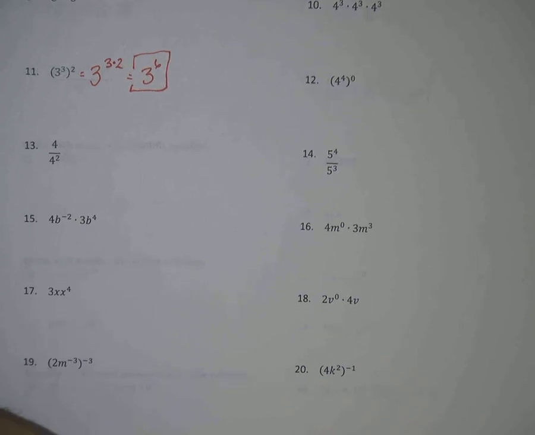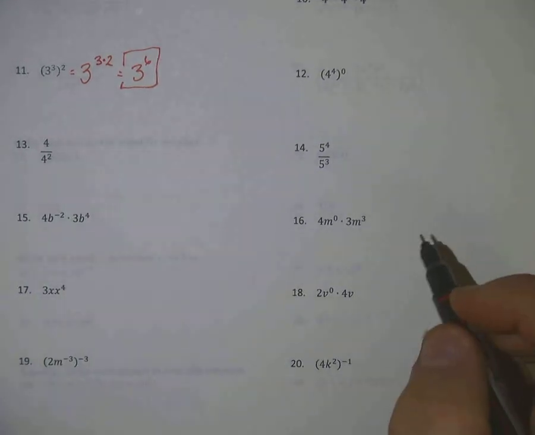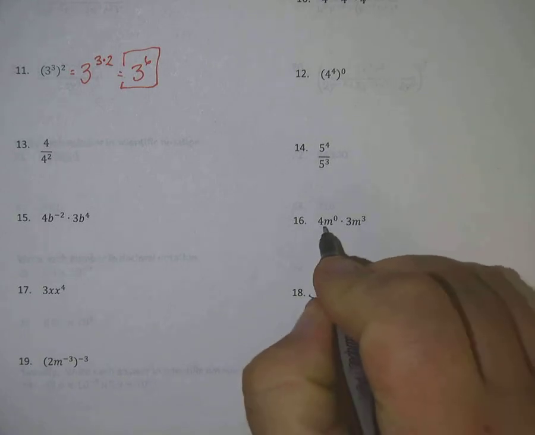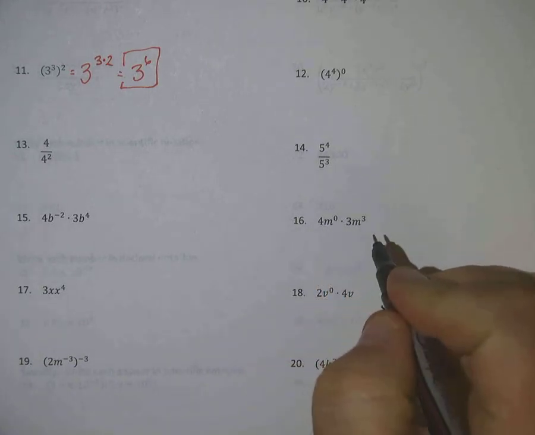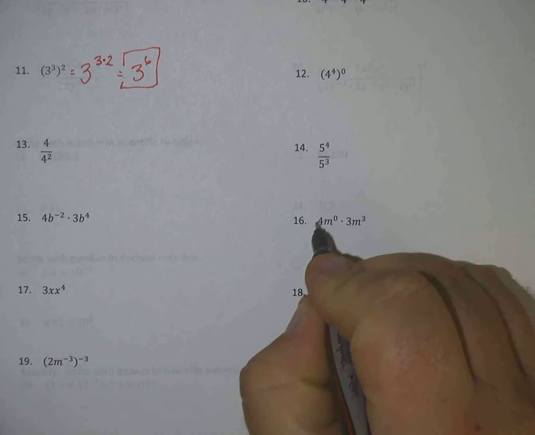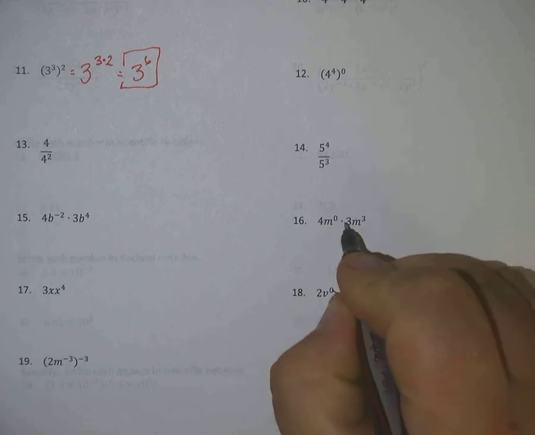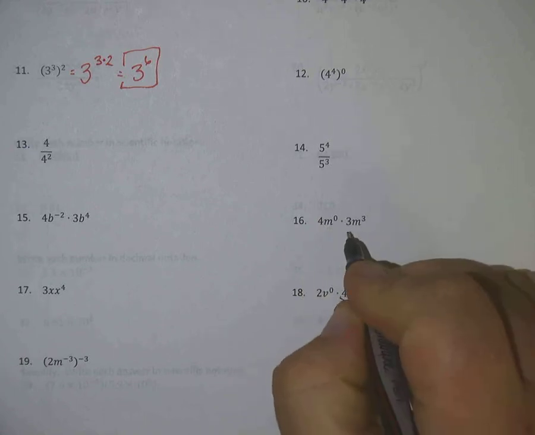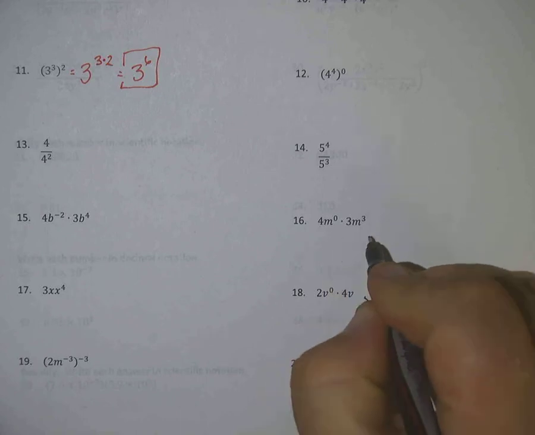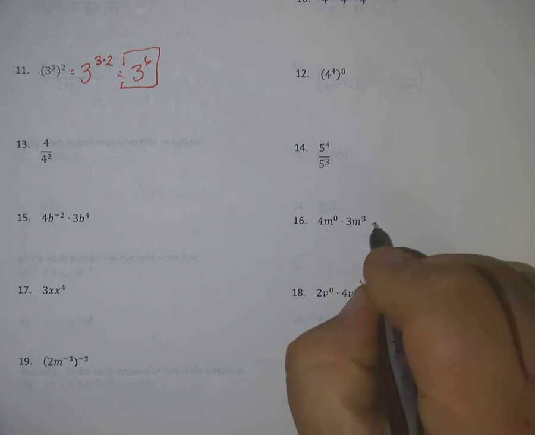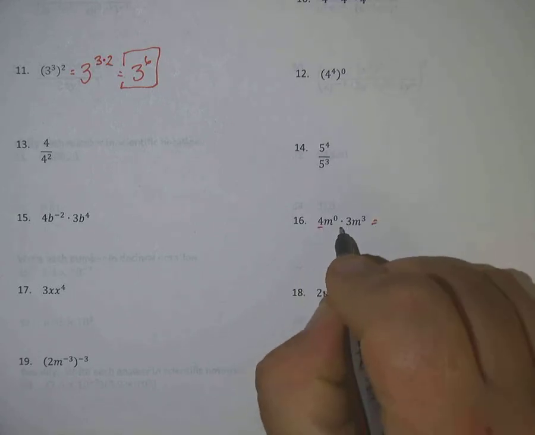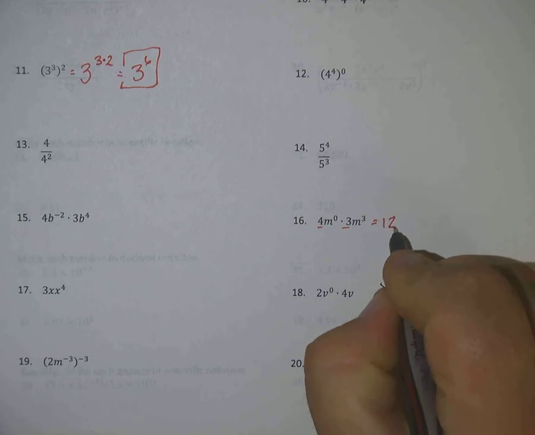Let's look down below. I'm going to look at number 16. Now in 16 I have a coefficient, variable, exponent, coefficient, variable, exponent. There's multiplication in between, so it's really just one string of multiplication. I treat numbers like numbers, so 4 times 3, that's 12.